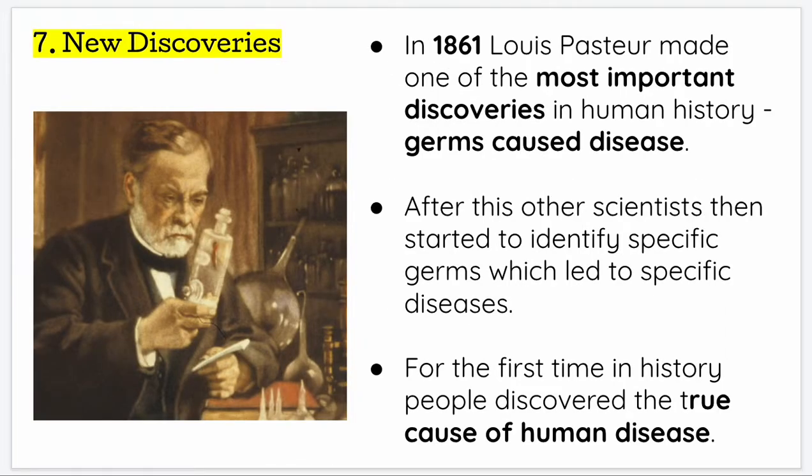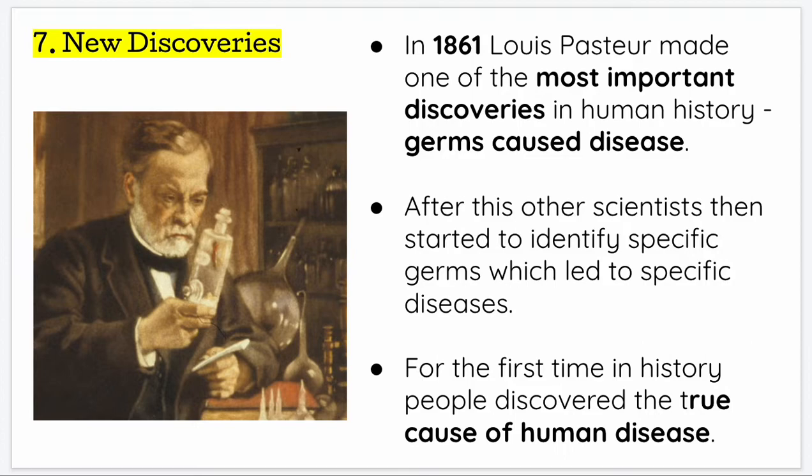Right, number 7. So new discoveries, and this is really important, particularly for this module where you're looking at health. The man looking through the microscope in this painting is the French scientist Louis Pasteur.